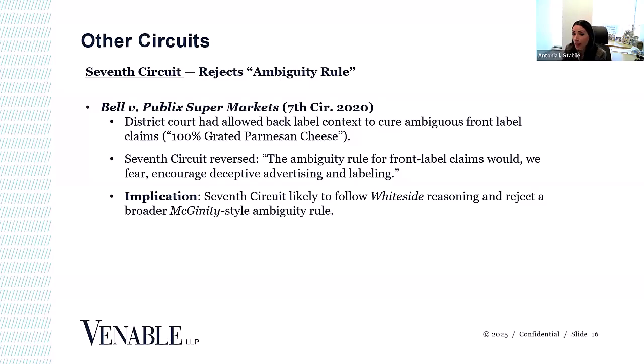Basically, the district court said that could mean 100% grated, 100% Parmesan, or 100% cheese. So a reasonable consumer would look to the back label to get more information. But the Seventh Circuit rejected that ambiguity rule and expressed concern that such a rule would encourage deceptive advertising. So while the Seventh Circuit hasn't expressly considered McGinity and Whiteside and this ambiguity rule that we see in the Ninth Circuit, this decision really does suggest that the Seventh Circuit is going to align more with Whiteside, and that ambiguity won't be a safe harbor for marketers in this circuit.